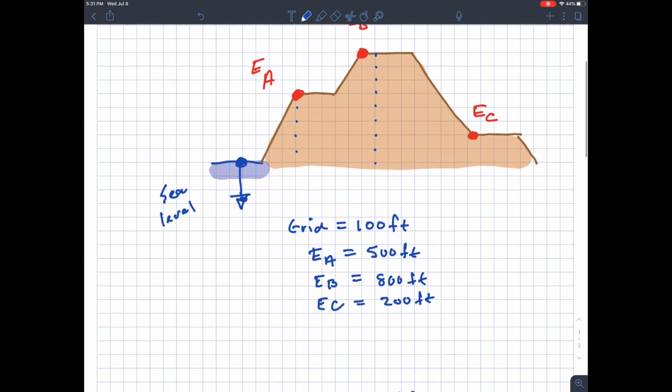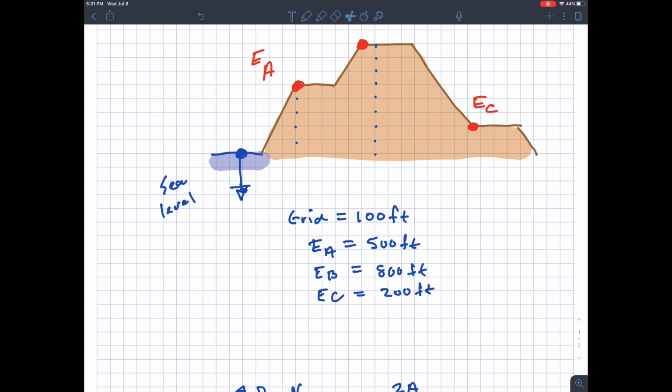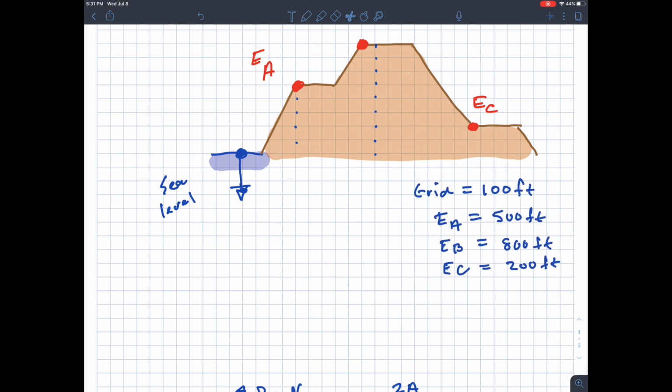All right, so if I wrote this out, let me move this out of the way, we use this for reference. If I write EBA, this is now an elevation change between 2 points, and it's given as an elevation that's only referenced back to 1 point. Okay, so we didn't write this as EAR for reference. We just called it EA, with it being understood that the reference point was some point that we chose.